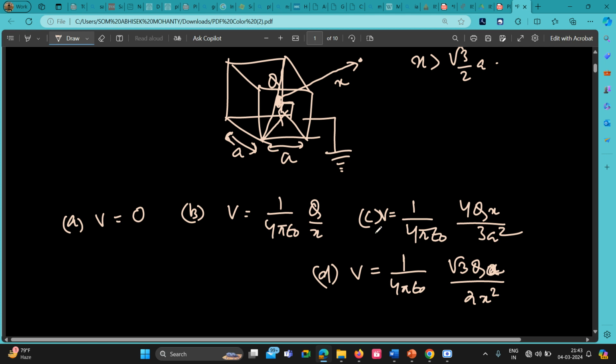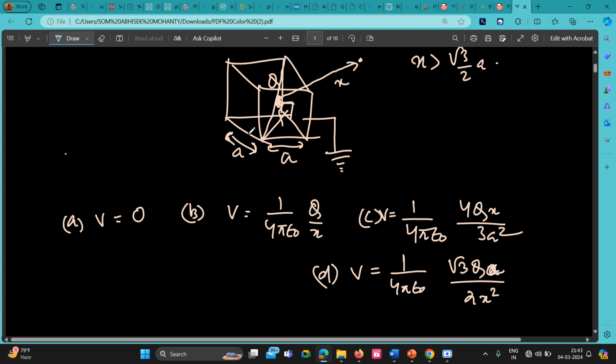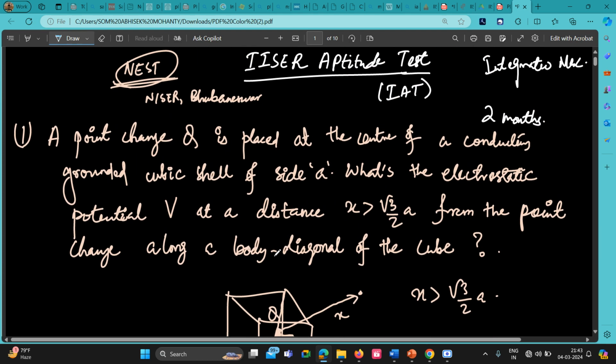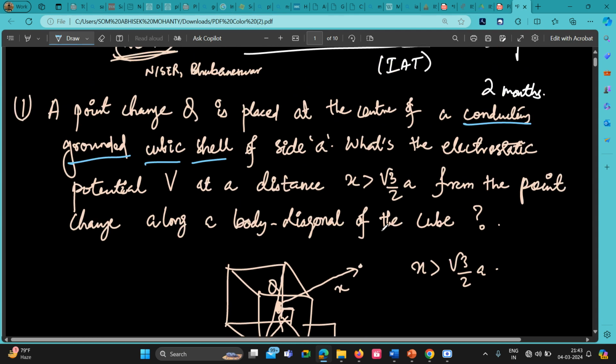So what are the important terms that you should see from this question? The important terms you should notice are conducting grounded cubic cell. Grounded means the potential is zero.